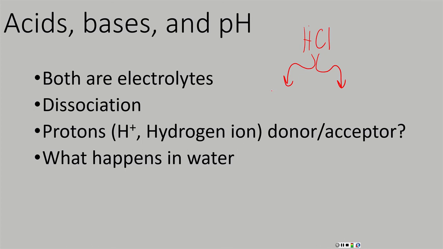It's going to fall apart and produce H plus and something with a negative charge. In the case of hydrochloric acid, the negative charge thing is going to be chloride. So HCl, hydrochloric acid, is an acid because of how it dissociates. When we put it in water, it falls apart and produces H plus and something with a negative charge. In this case, Cl minus.